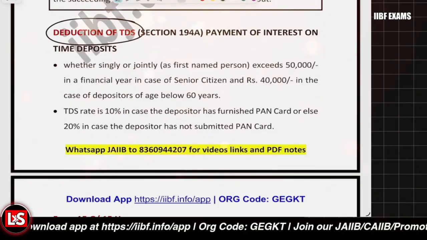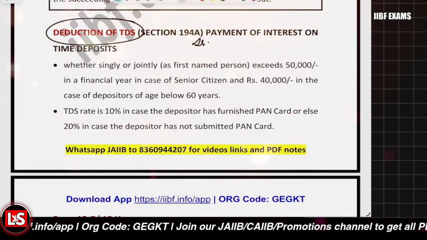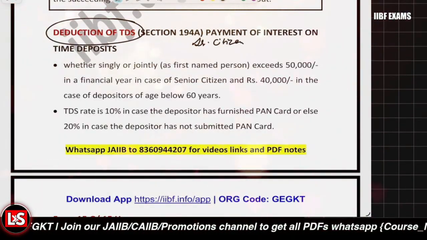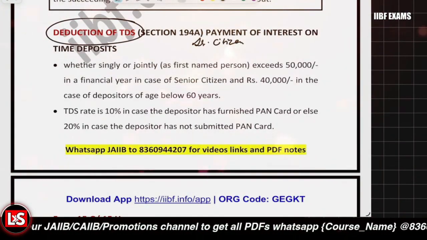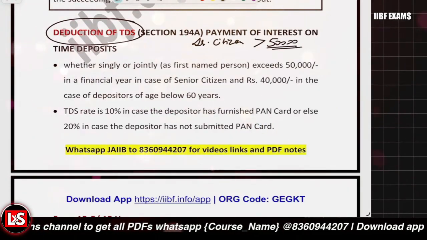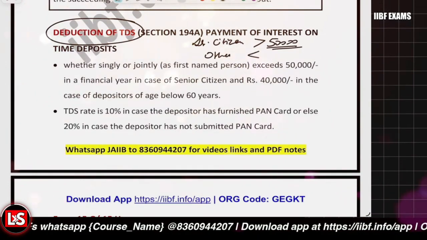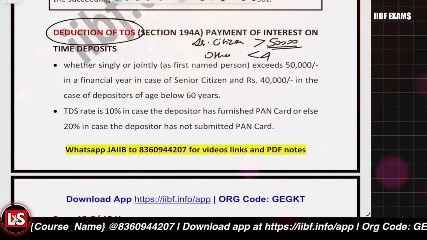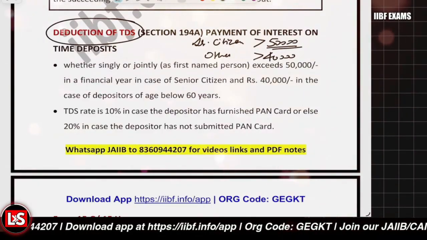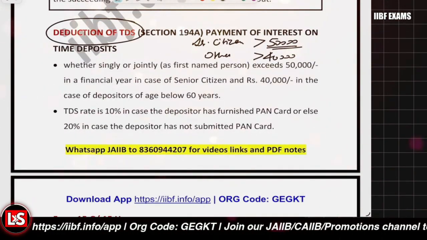But if it crosses the threshold, like for senior citizens aged 60 years or more, if the interest earned is greater than 50,000 rupees, then the TDS is deducted. And for others, if the interest earned is greater than 40,000 rupees, then the TDS is deducted.